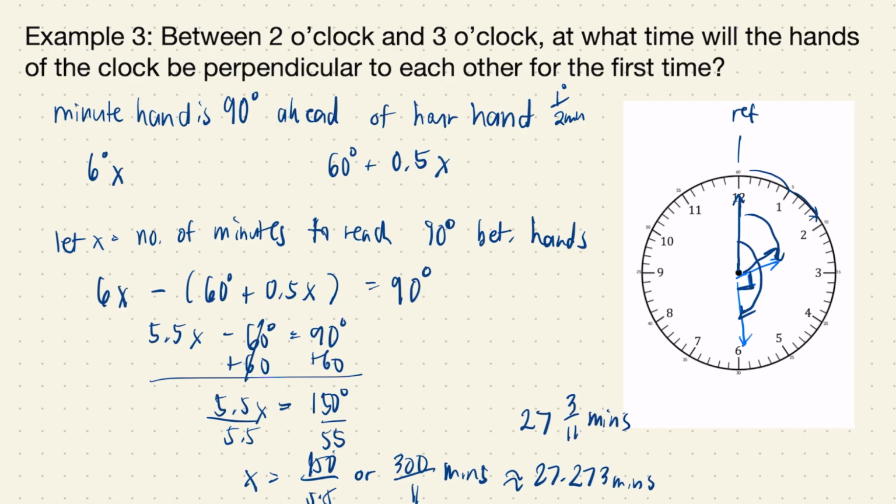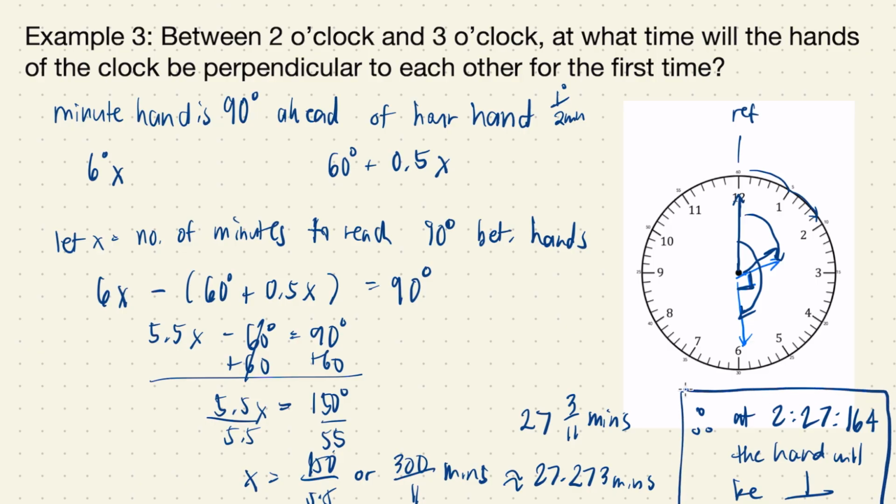So the time will be at 2:27 and 164 seconds. The hands will be perpendicular. This will be your answer.